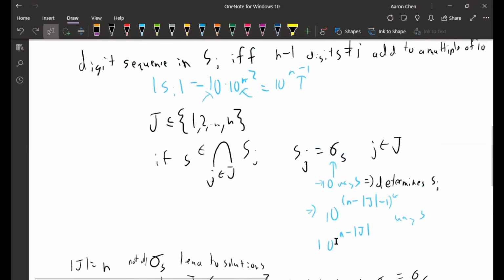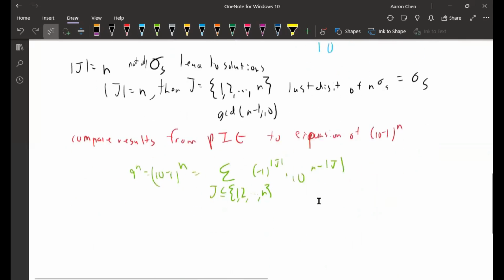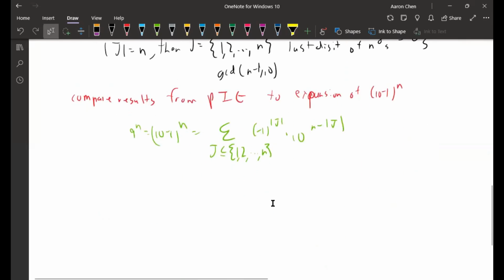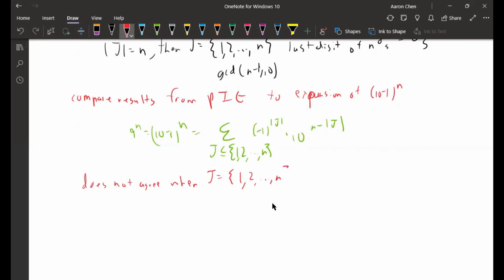And so the only thing where it doesn't agree is when J is equal to the set of the first n positive integers.